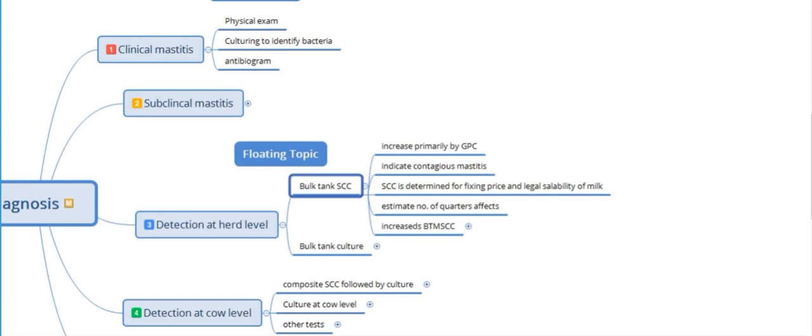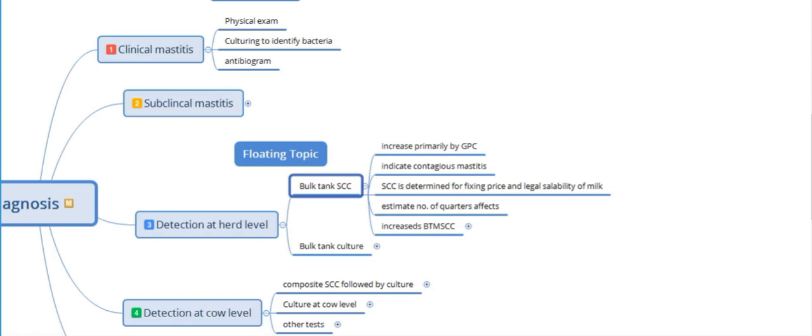In such countries or in such areas, the somatic cell count forms the basis for pricing of the milk. What we have in Kerala is that we price our milk based on the fat and SNF content. But in an industrialized country where quality is very important, they fix the price of the milk based on the quality of the milk, that is, the somatic cell count.